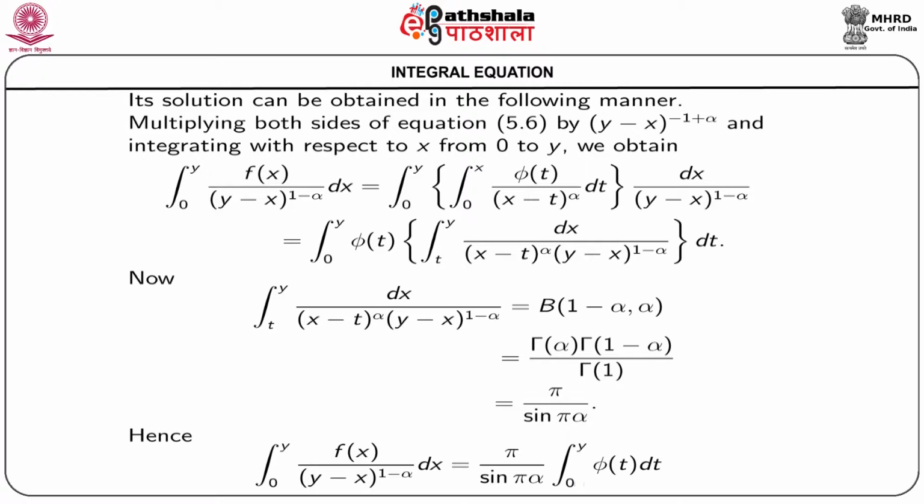We obtain integral 0 to y fx divided by y minus x to the power 1 minus alpha dx equal to a long expression on the right hand side which involves double integration. The inner integral is with respect to t, which ranges from 0 to x, and the outer integral ranges from 0 to y and is with respect to x.